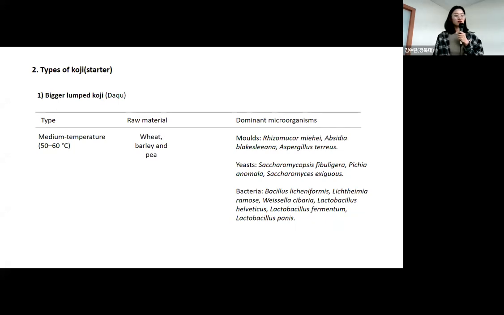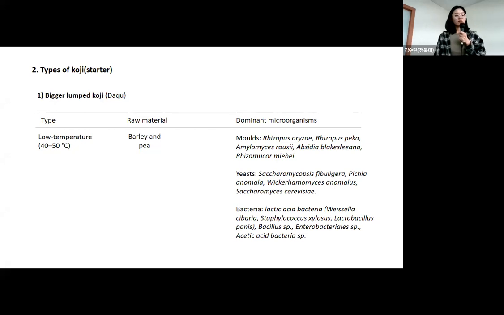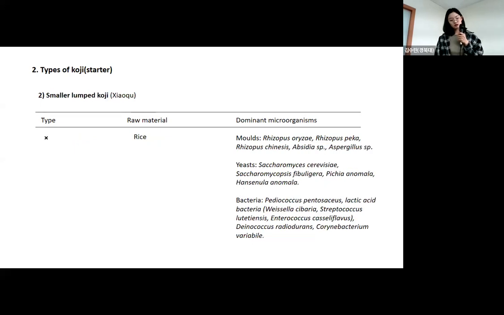The medium temperature koji is usually used at 50 to 60 degrees, and the raw materials are wheat, barley, and pea. The low temperature koji is usually used at 40 to 50 degrees, and the raw materials are barley and pea.